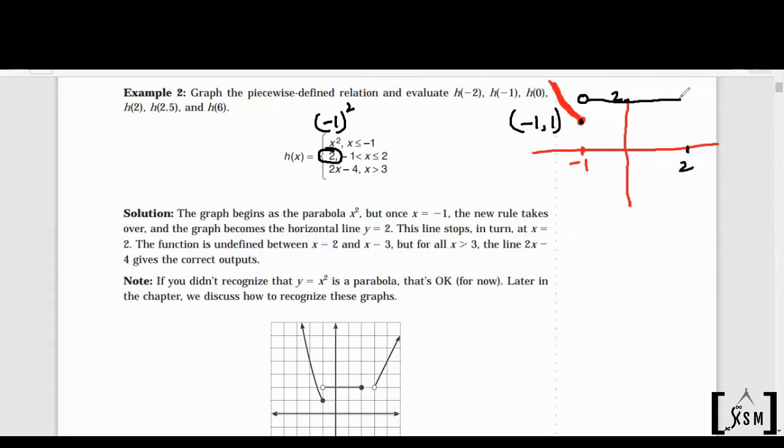Where x was 2, it is defined only up to that. So I have drawn a straight line perpendicular on y-axis at 2, because the function was y equal to 2. And that was defined only from -1 to 2.